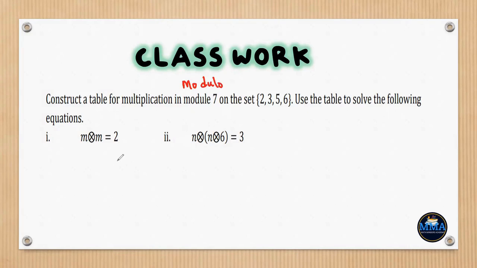On this set, use the table to solve the following equations. m times m equals 2. So you're going to find the value of m. Then the second one is n times (n times 6) equals 3. What is the value of n?